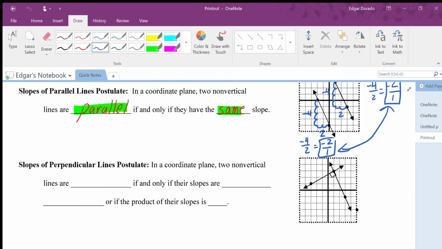Right, now we have a slope of perpendicular lines postulate. Okay, so now we're talking about perpendicular lines. So in a coordinate plane, two non-vertical lines are perpendicular if and only if their slopes are, and again, you might have learned this from algebra, but if you didn't, it's only if and only if their slopes are opposite and reciprocal.